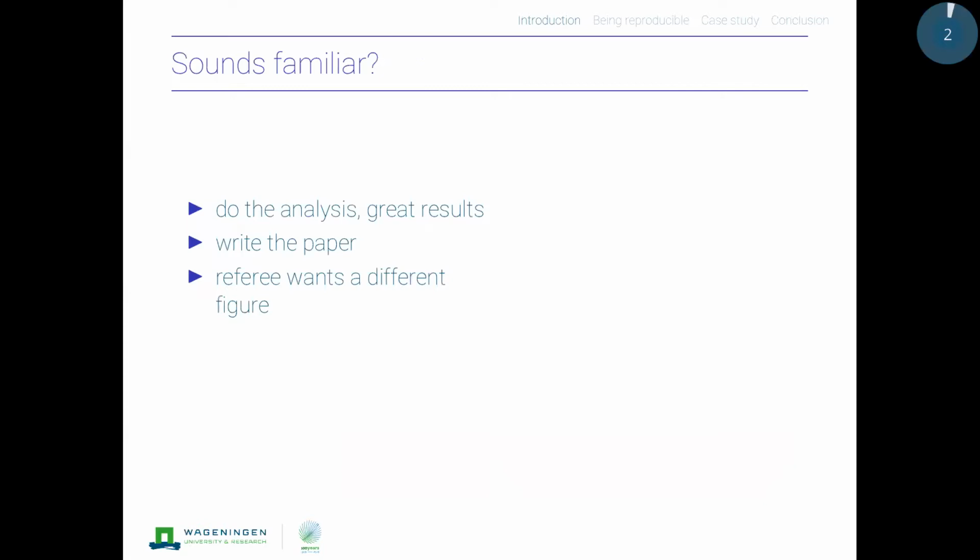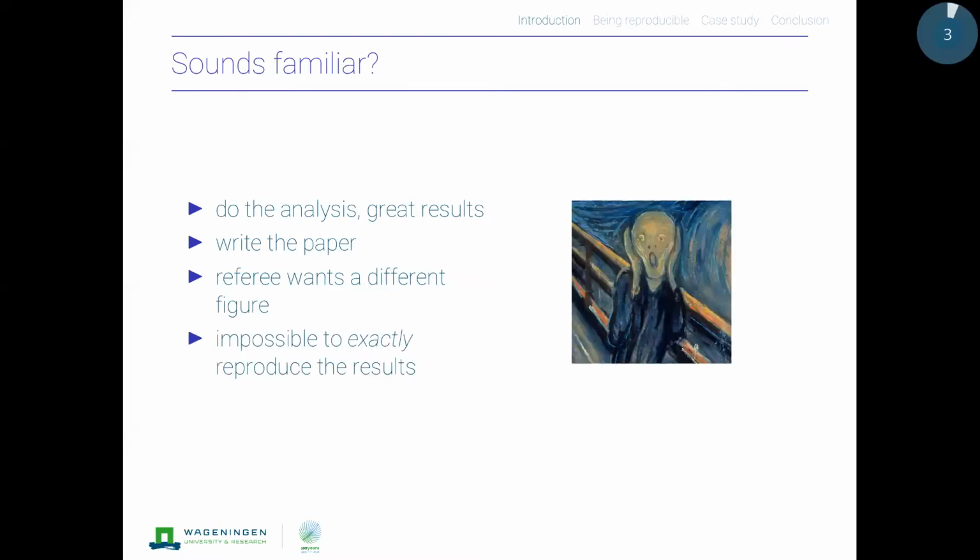The motivating example for me was this, and I'm sure many of you will have had the same experience: you embark on a project, you do some analyses, you get quite good results, you write it up in a paper, and then the referee says, well, that's great. Could you maybe redo the figure in a different way or add something? And then suddenly you're no longer able to exactly reproduce the numbers that were in the original draft.